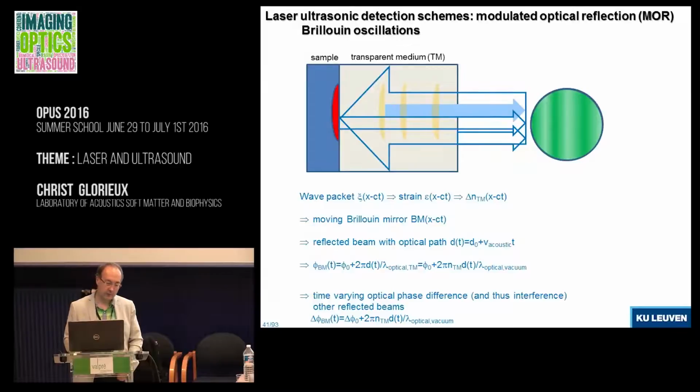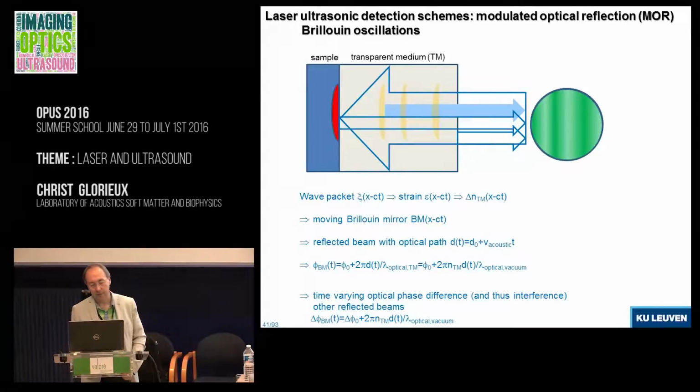It will excite waves going into the sample, but also into this transparent medium. The probe beam goes through the transparent layer, back and forth. In principle, you would expect to measure the changes of reflectivity of the sample, using this optical delay line to detect it. However, you can have something more.